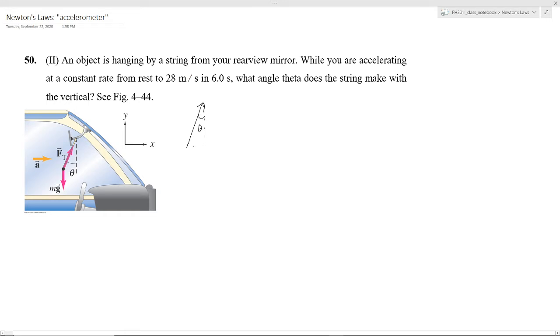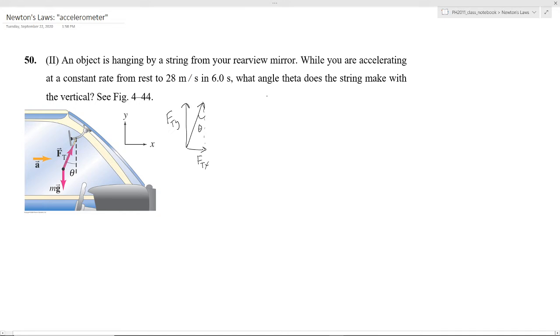Here's theta. There would be a component of this that would be in x, which we could call FTX, and then a component that would be vertical, y, and this will be useful to us as we look at our Newton's laws equations.